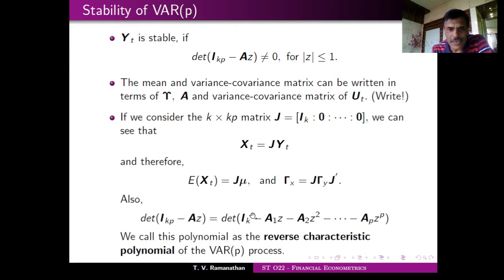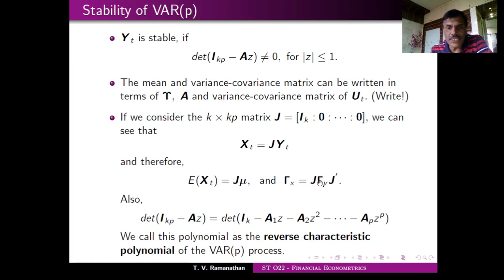So this is what is called the reverse characteristic polynomial of a VAR(p) process. Okay, so what is the reverse characteristic polynomial? If it is a pth order process, the reverse characteristic polynomial is given by the determinant of I_k minus A_1 z minus A_2 z squared, etc., A_p z to the power of p.